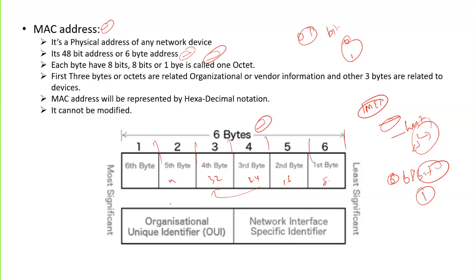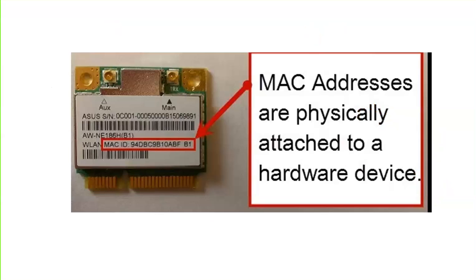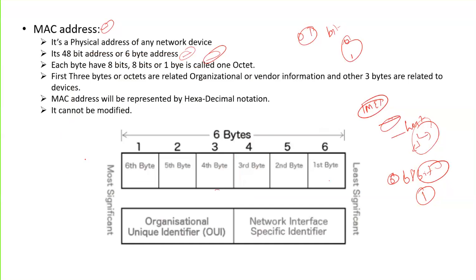As we have six in total, the first three bytes are related to organizational information, like who is manufacturing the device. Suppose the device we are referring to is a Samsung mobile, a product from Samsung. The first 3 bytes are the organizationally unique identifier, the organization details.